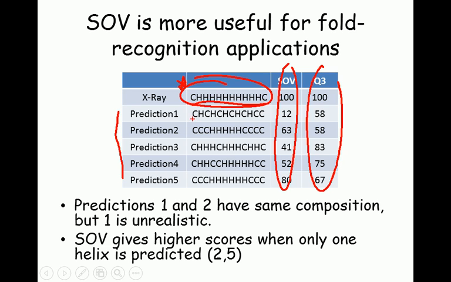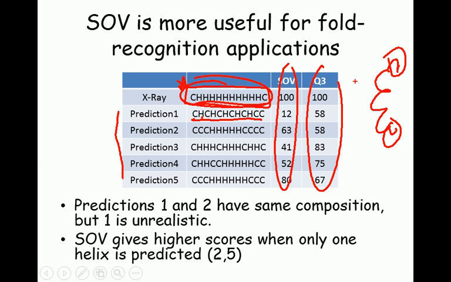In the first prediction, you have a mixture of coils and helices. In your correct secondary structure, you have a single helical structure, and then you have a coil residue at the end.